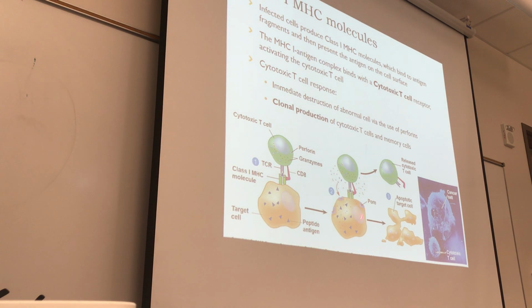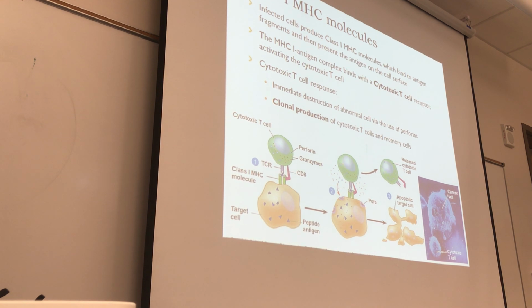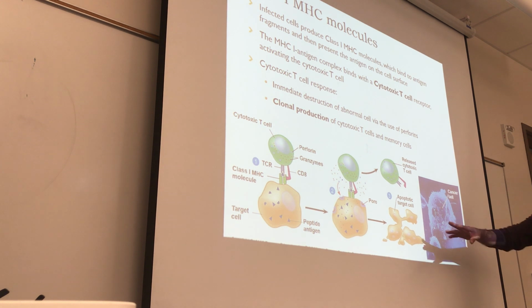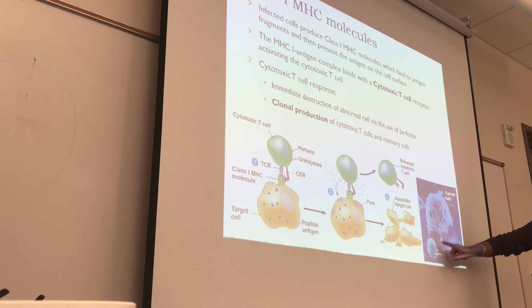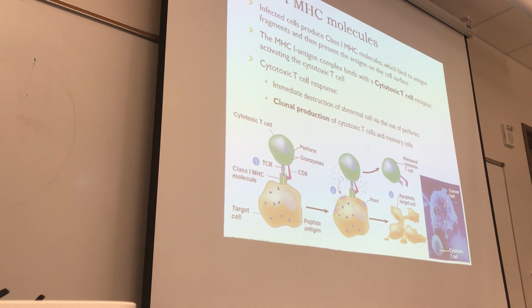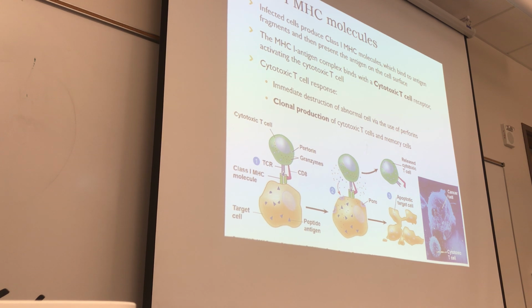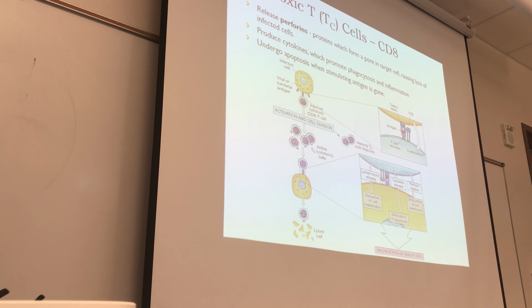I said before, the best way to kill a cell is to put a hole in it. This is cool. And again, the same process works for cancer cells. So here's a cancer cell, and there's a cytotoxic T cell. It's going to bind and destroy. Now listen to me carefully. This is another version, a little bit more complicated.